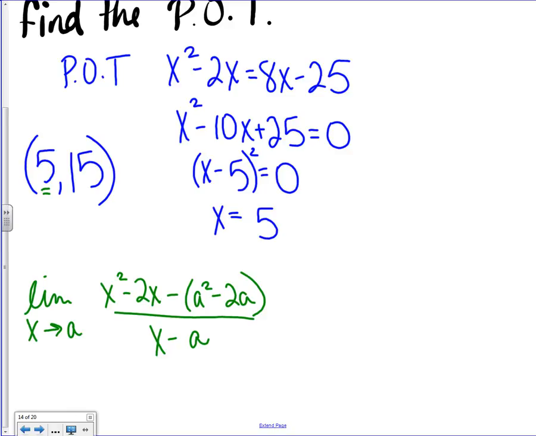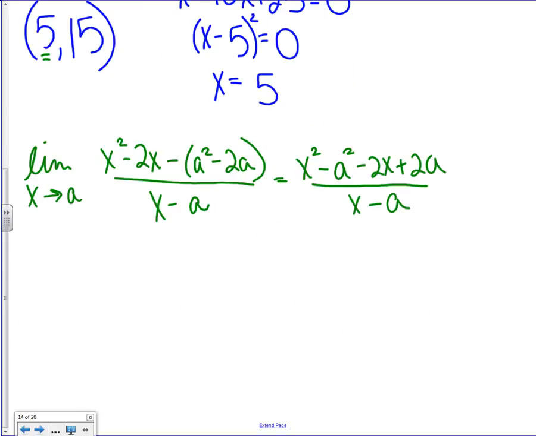Okay, so let's go ahead and distribute the negative symbol. And let's factor by grouping because we want the x minus a to cancel out. This portion right here is just the difference of two squares.